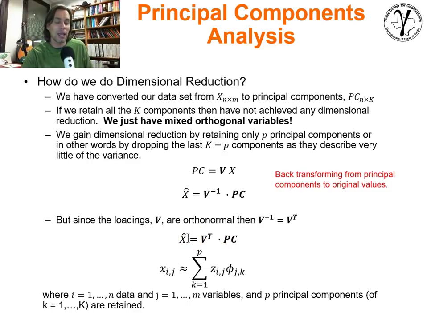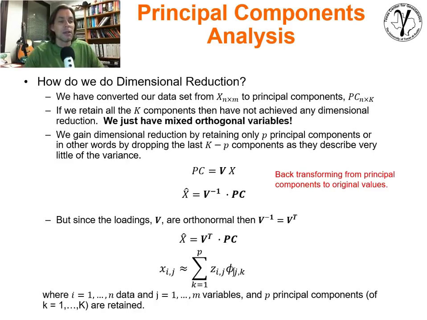What does it look like? We would simply take, for every one of the data values, we can calculate it simply as a combination of each one of the principal component scores for 1 through P variables applied to the loadings for each one of those principal components.